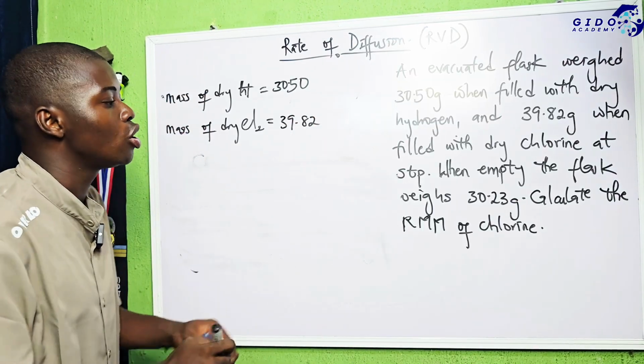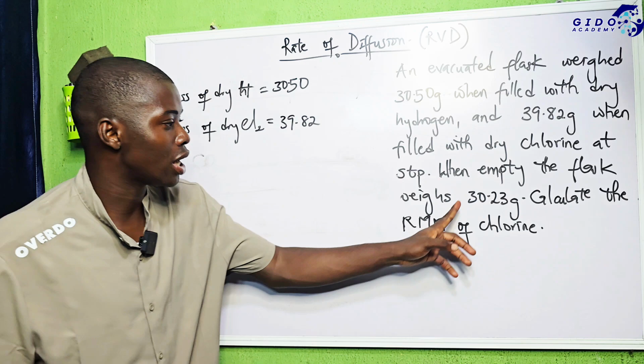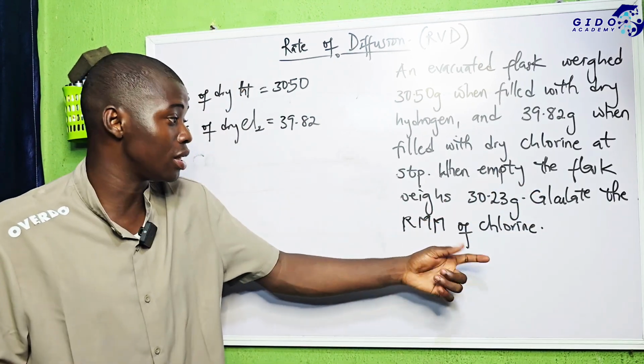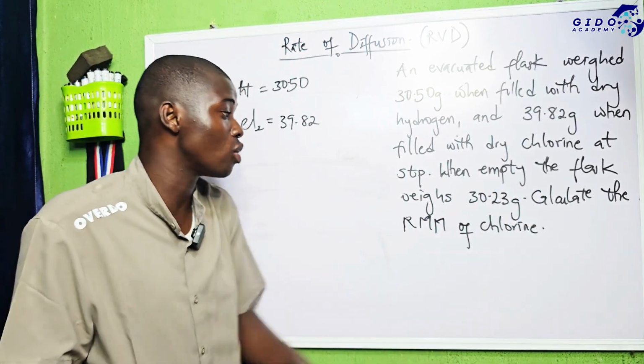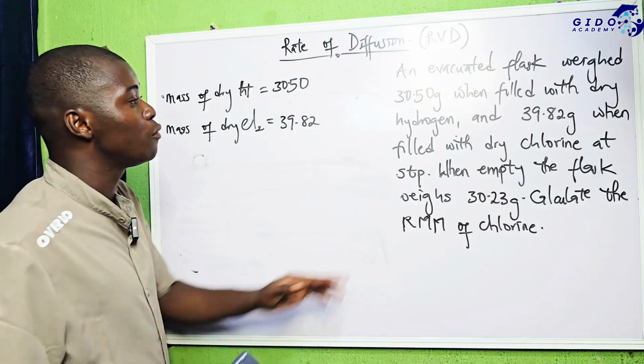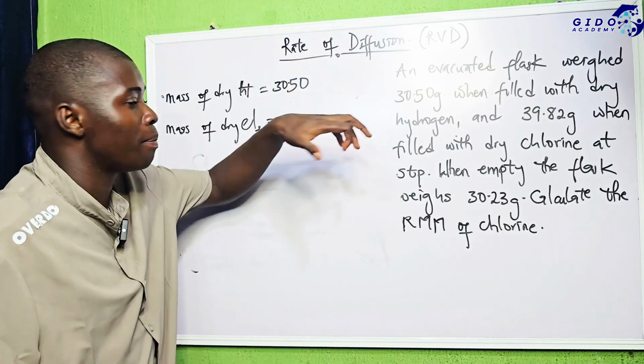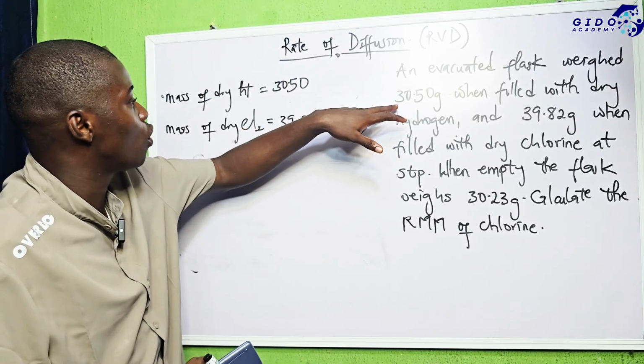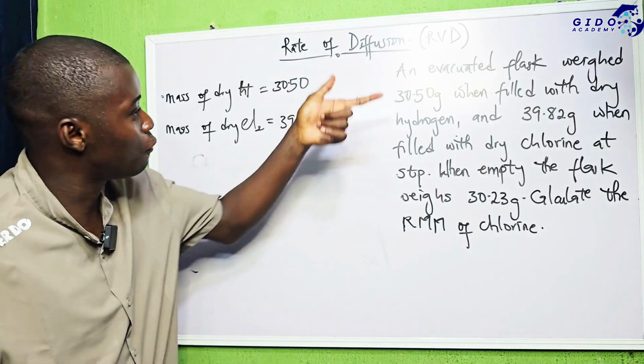But this is not the original mass, because we were told that when the flask is empty, it originally weighed 30.23.